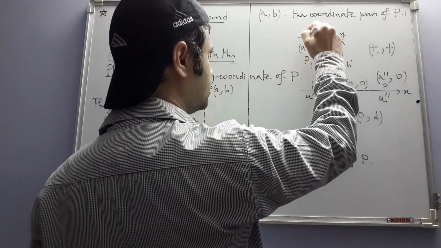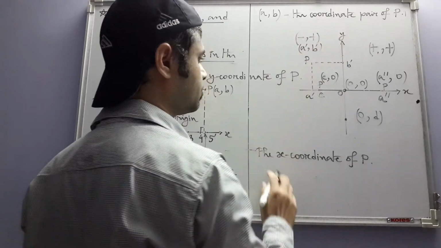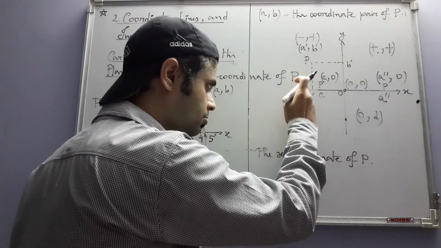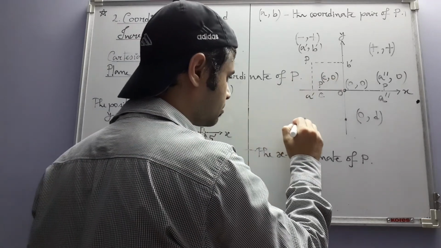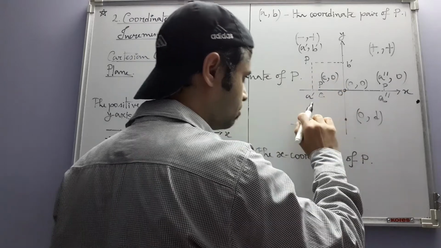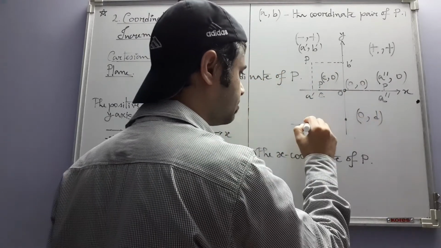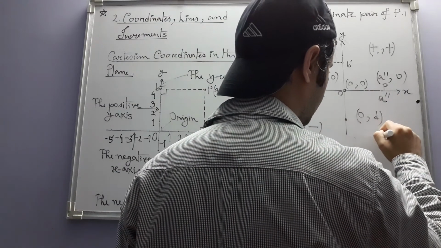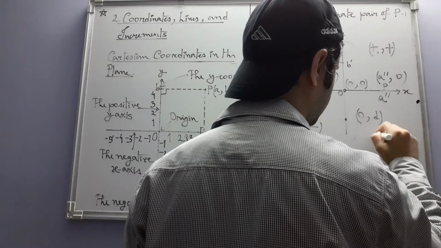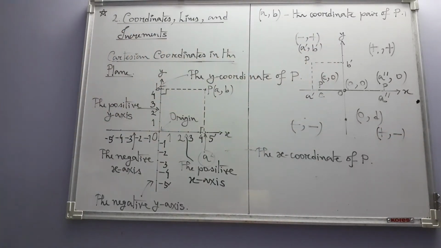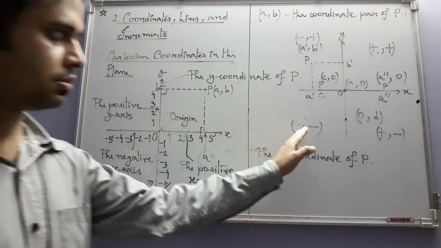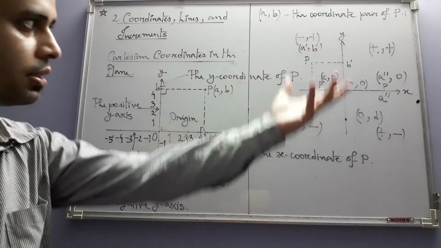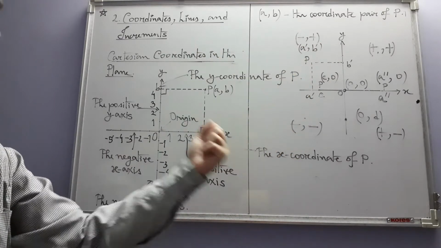But the y coordinate is still positive. For any point here, the x coordinate is negative and the y coordinate is also negative. And for points lying here, the x coordinate is positive and the y coordinate is negative. So these are the types of signs that we will get in the coordinate pairs for this type of positions of the points.